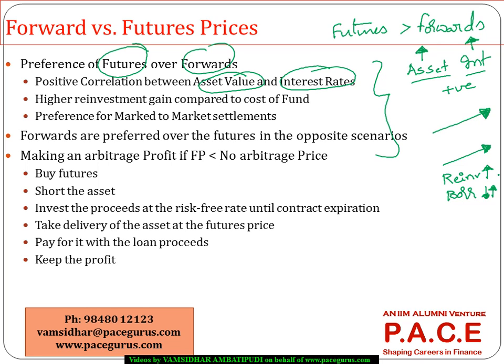I can lock up the asset price, compared to buying now versus buying at a later date, because these two are positively correlated. What I could do is buy the asset now by borrowing at a much cheaper rate, sell a futures contract, lock up the price, and sell the asset at a much higher price later and lock up the profit.